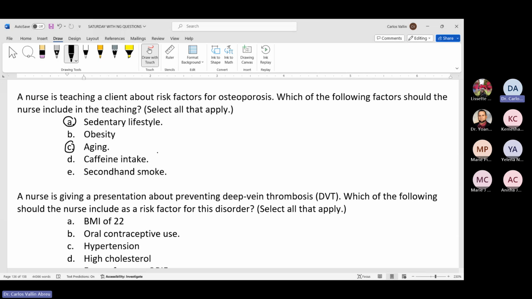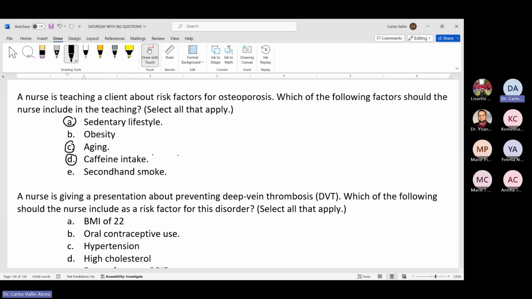Caffeine intake. This is something that should be a doubt. High caffeine intake has been considered a risk factor for osteoporosis, but a moderate or mild consumption of caffeine is not described. So I don't know, but probably the intention of the question is to mark caffeine intake.